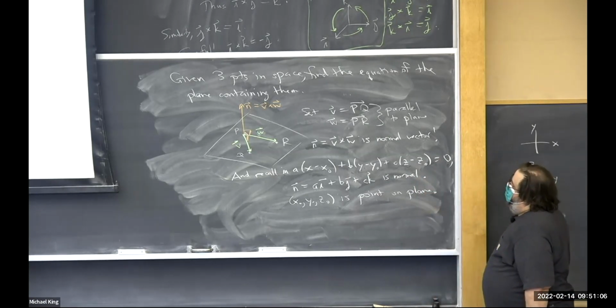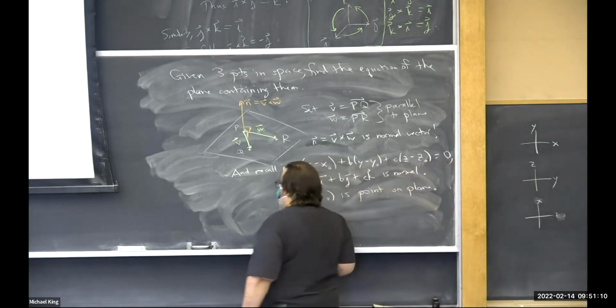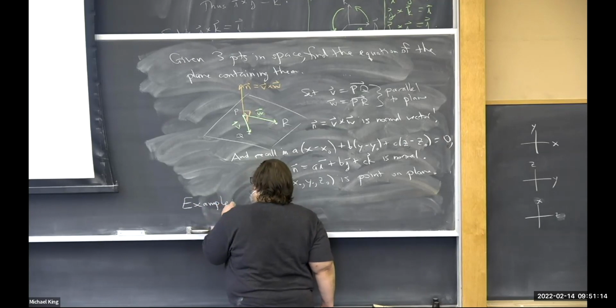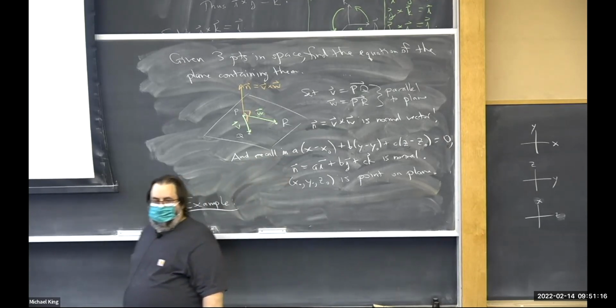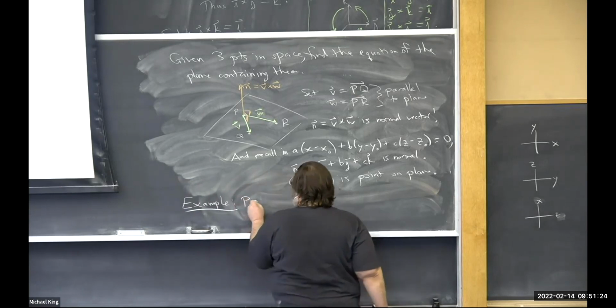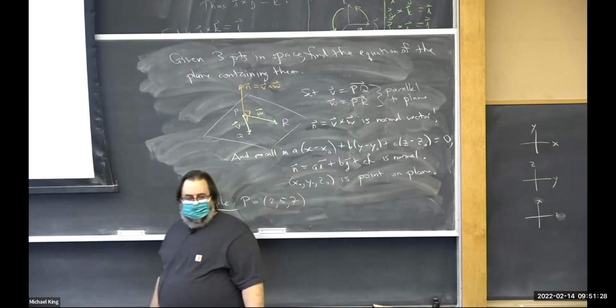Okay, so let's do this. We've got 10 minutes. I think we can do this. Give me a point in space. 2, 5, 7. Love it. Let's do P is 2, 5, 7. Who else wants to give me a point?